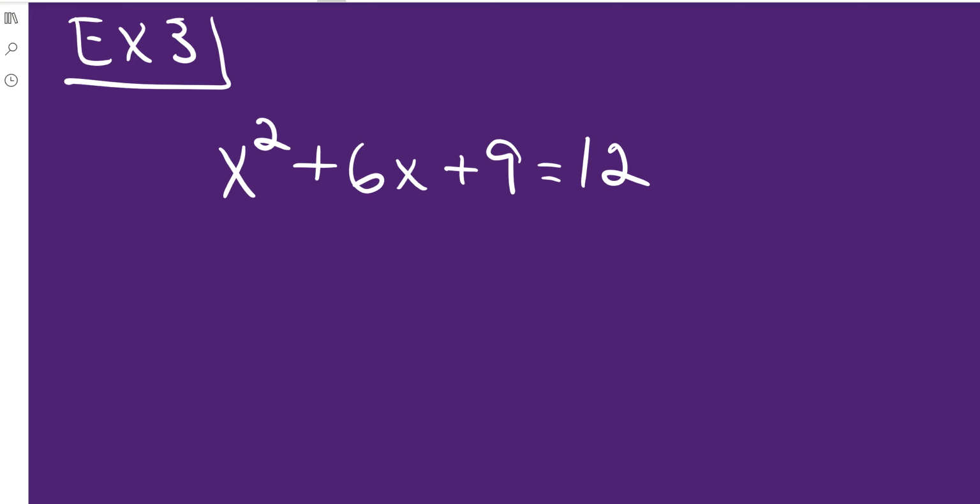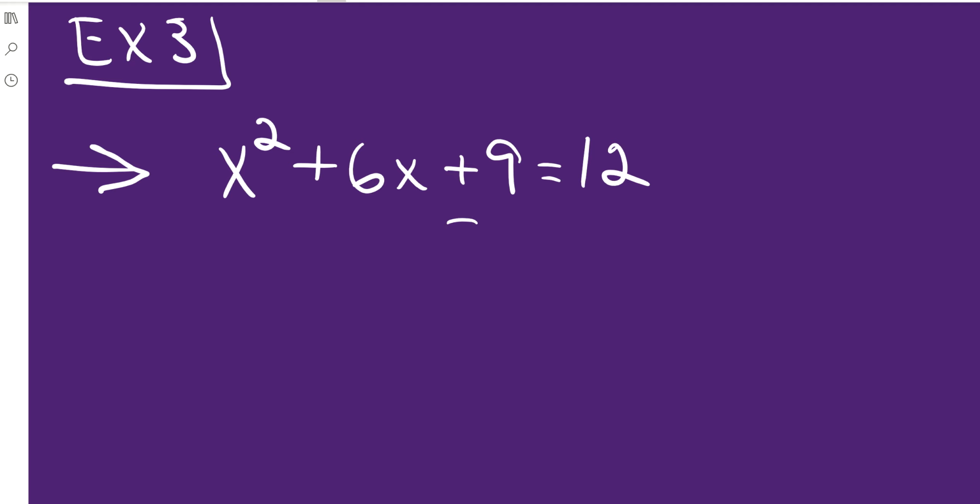Okay, so here's our next problem, and this problem is designed for us to recognize that this x squared plus 6x plus 9 is a perfect square trinomial. But in all honesty, many people don't recognize that. When I was learning this anyway, I looked at this as a quadratic equation, and what I got to do is get it equal to 0. So I would bring the 12 over to the left side.